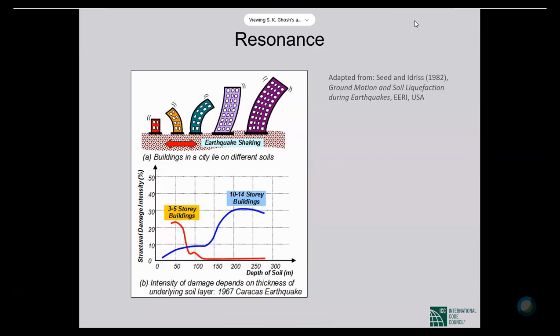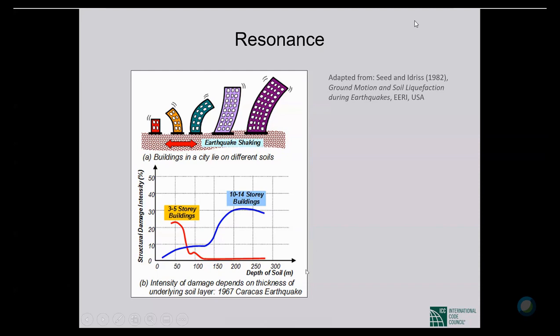Another depiction of the same effect that we are talking about. So these are buildings of various heights, and we plotted structural damage intensity on the y-axis and depth of soil on the x-axis.